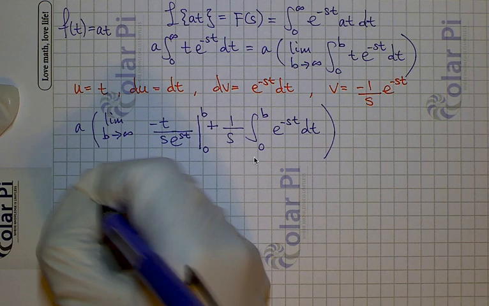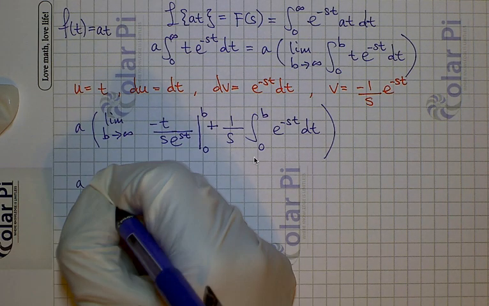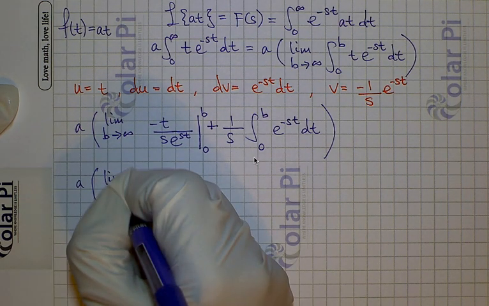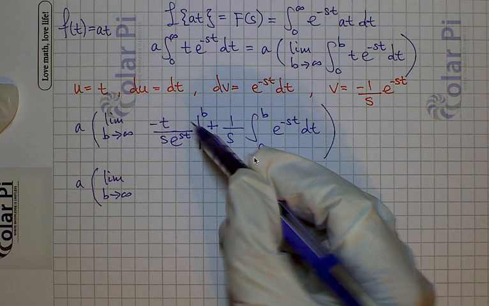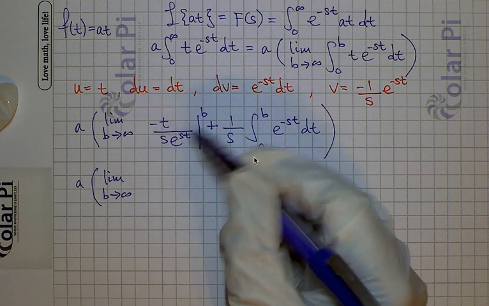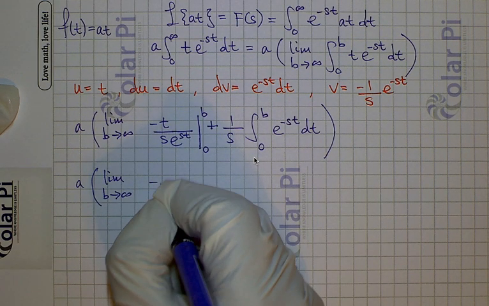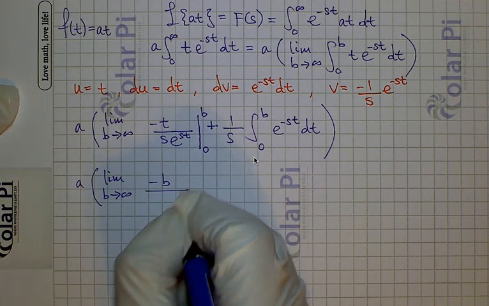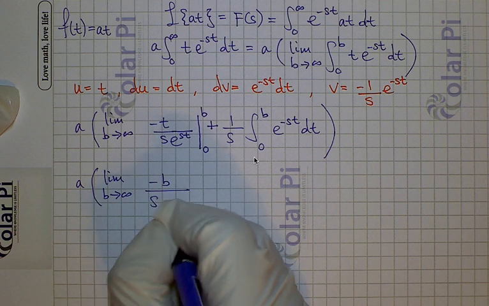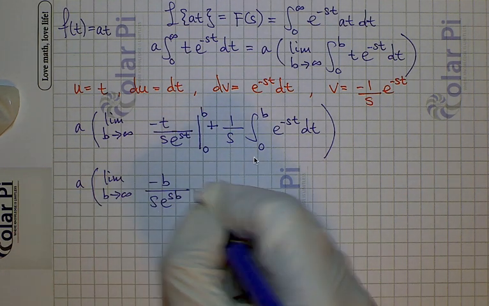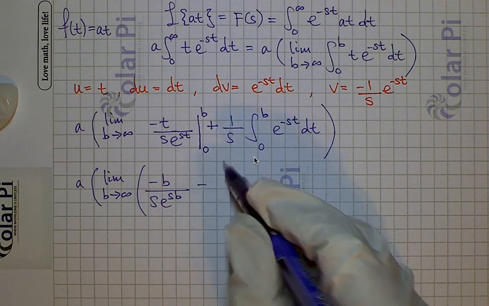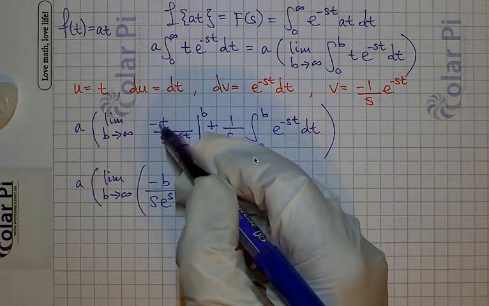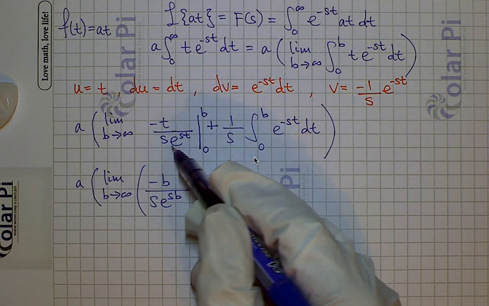So what I've got is the same as a times the limit as b goes to infinity of, well, we can evaluate this part. Plug in b, and you get negative b over s e to the sb. Since we are evaluating, we have to write minus and then plug in 0, so we just get minus 0 over s, but that's 0.